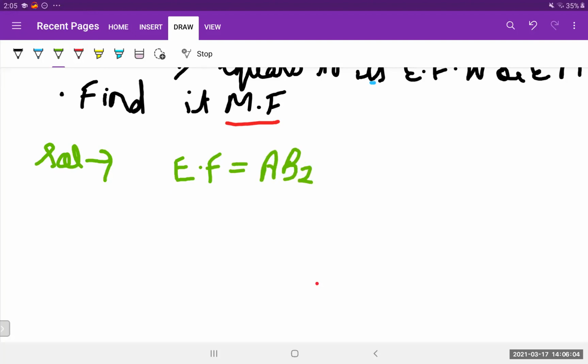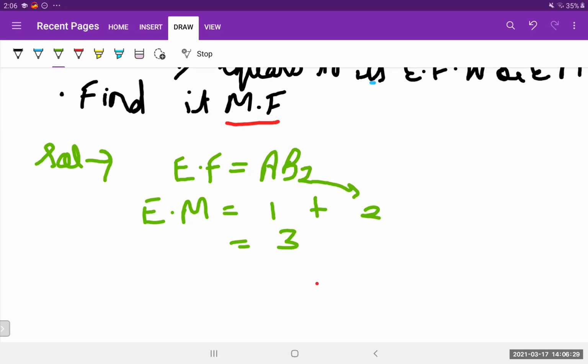AB2. Empirical mass will be what? Tell me. Empirical mass will be 1 plus 2, isn't it? That is clear now. Yes, that will be 3. The molecular weight is not given, so write it like this.